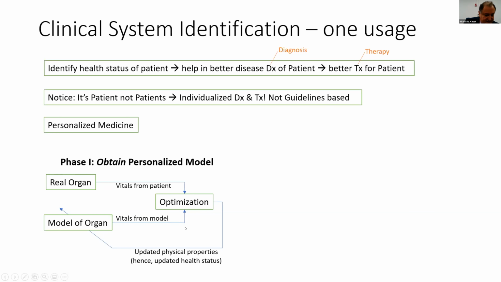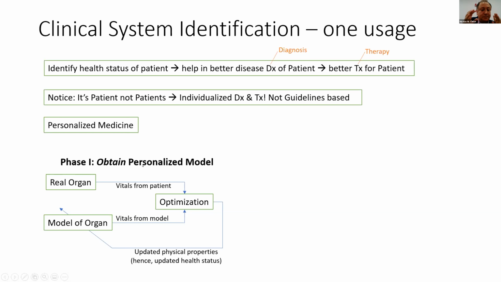So it's an applied mathematical field because we use optimization in order to fine-tune this model so that the vitals from the model will in time match the vitals from the patient. At that point, you could say, I have an organ model that's matching the real organ, so let me do what-if scenarios on the model of the patient rather than on the real patient. And that would be a big benefit.